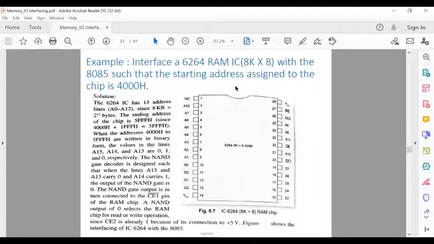If the starting address is given as 4000, then what will be the ending address? How can you calculate the ending address? Perform it on any copy and then share your screen. First write down this problem: interface a 6264 RAM IC 8K cross 8 with the 8085, such that the starting address assigned to the chip is 4000.